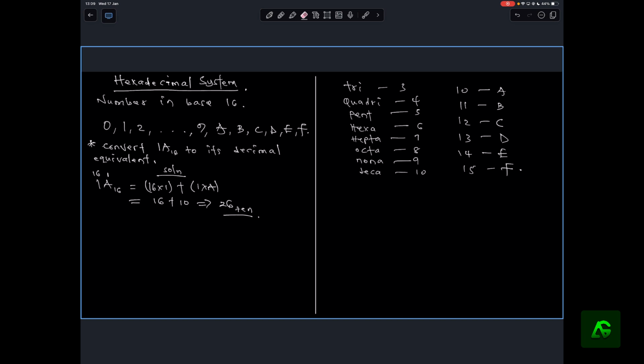This question says convert 245, which is a decimal number, to its hexadecimal equivalent.